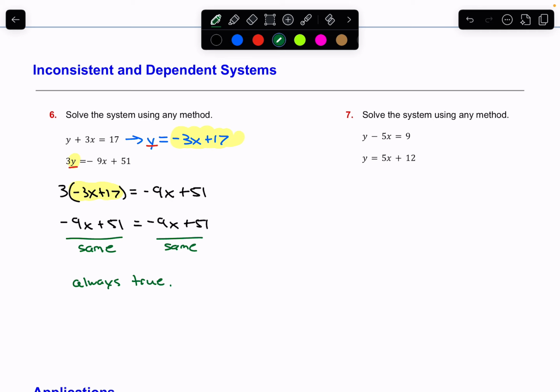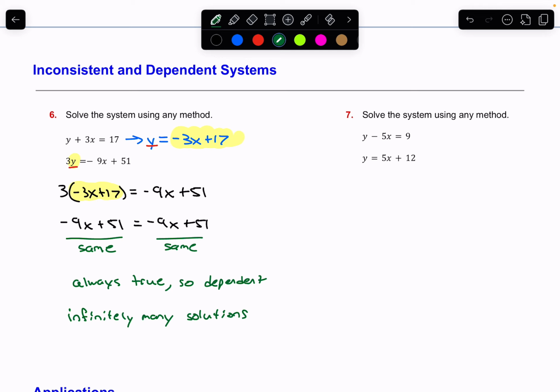So dependent. This means that there are infinitely many solutions. The reason there are infinitely many solutions is that solutions to systems of linear equations represent the intersection points, but these are the same line, meaning they're always intersecting because they're right on top of each other.